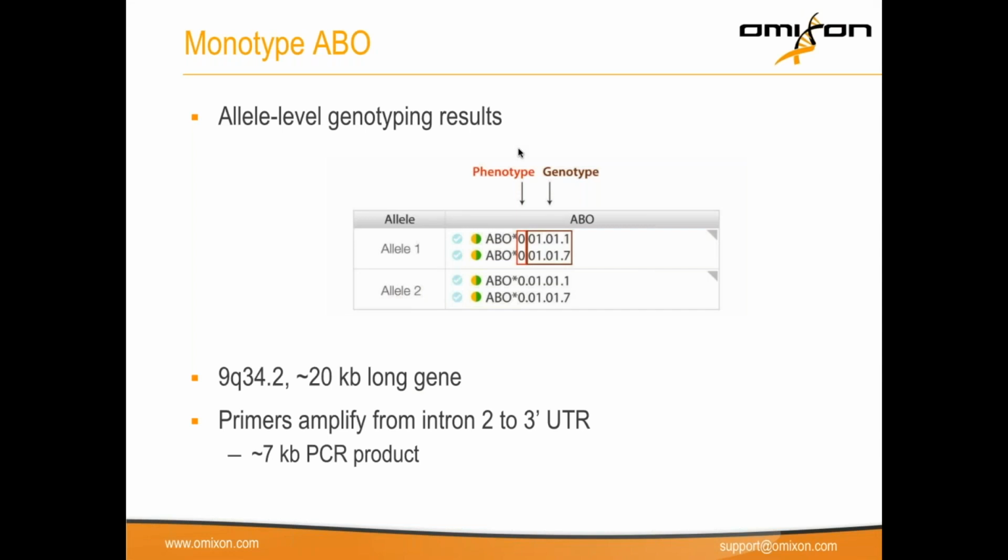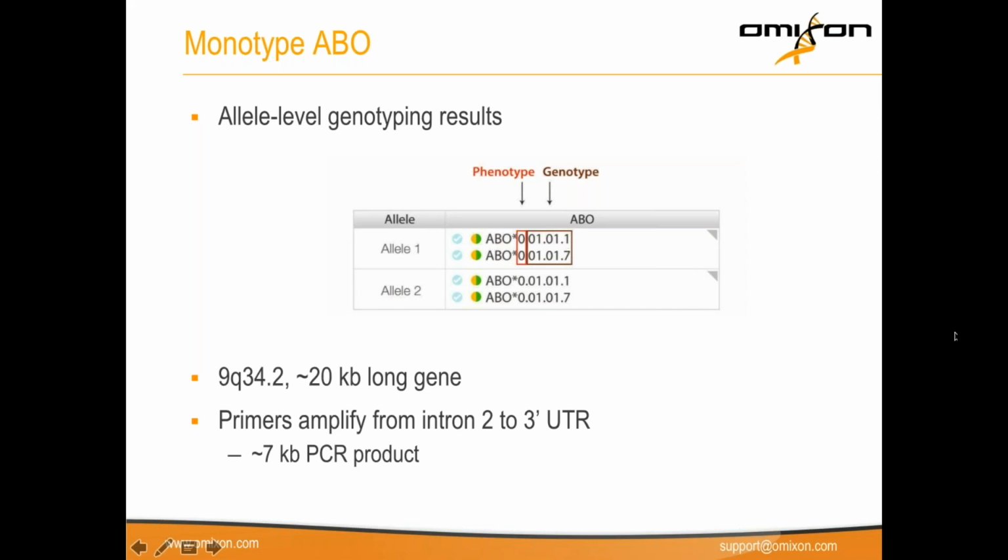The most significant advantage of ABO molecular typing is the ability to achieve allele-level typing results, in addition to the phenotypes as shown in the screenshot. In this example, you can see the O phenotype here, followed by the allele name right next to it.